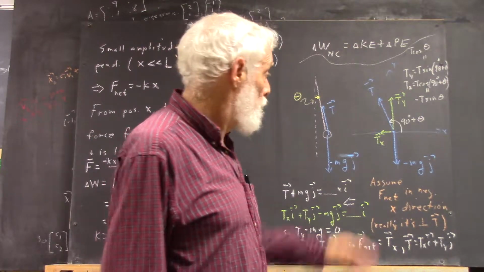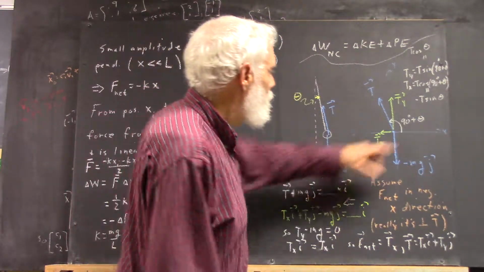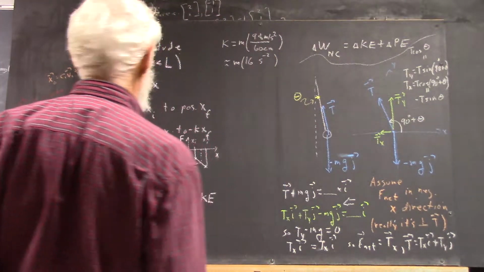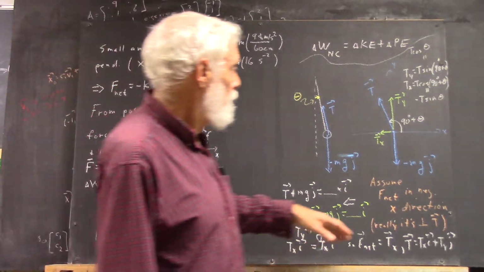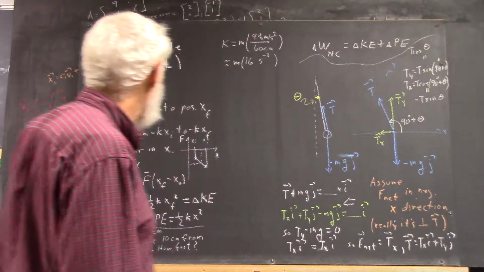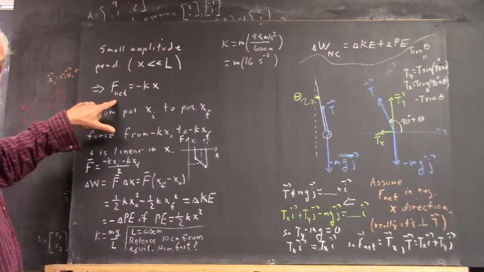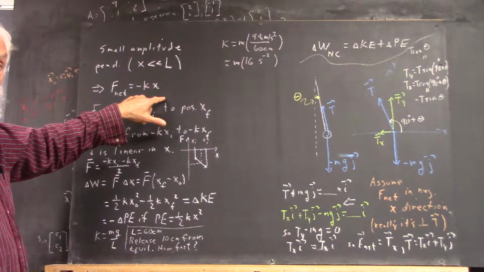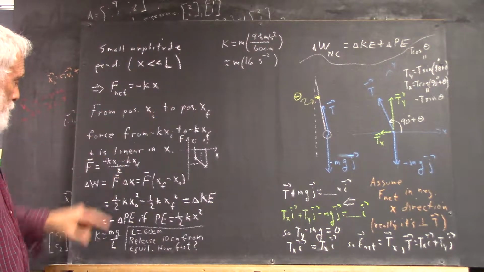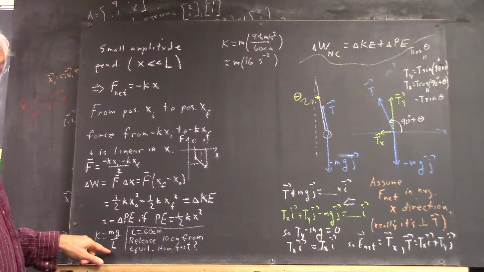Okay? And we have this. Now, I'm not going to make the connections because we're running very short on time, but it follows from this that your net force on the pendulum is negative Kx, where K is mg over L. Okay?